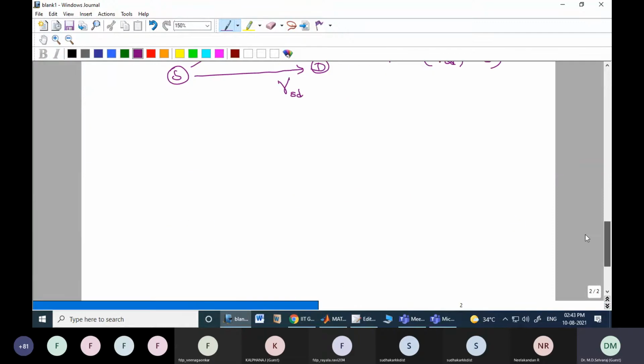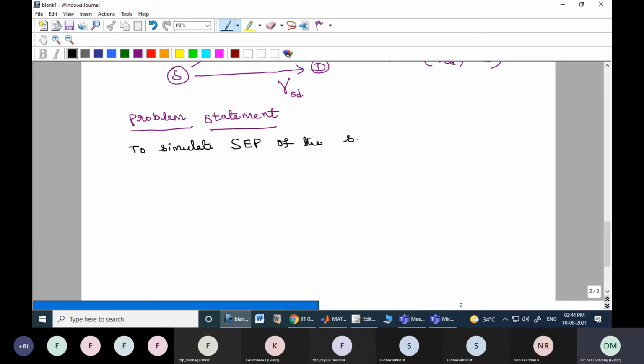Now the problem statement: what I am planning to do in MATLAB is to simulate the symbol error probability, in short SEP, of a single user, single relay based cooperative diversity system. If it is multiple relays, we can write multiple relay; you can take that as homework.